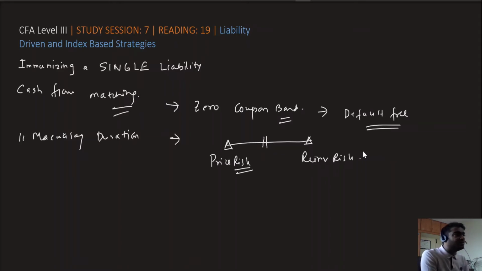Price risk is the bond price moving in the opposite direction to the yield changes. Basically, the price of the bond moves in the opposite direction to the yield changes, and therefore any increase in yield will cause a decline in the price. What is reinvestment risk? The bonds will give regular coupons or regular cash flows, and the rates prevailing at that time determine at what rates you are reinvesting. If the rates are declining, then of course you are reinvesting at lower rates, which is a risk. How they balance each other is determined by the macaulay duration.